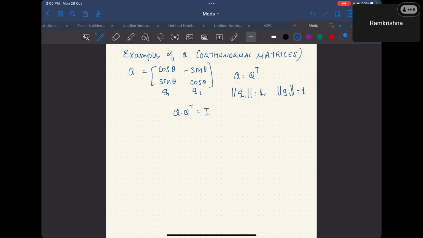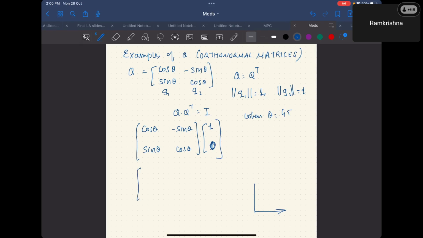What does this matrix do? If I have cos theta, negative sine theta, sine theta, cos theta, and let's say I have a vector 1, 0. Let's keep it simple. So when theta equals 45 degrees, what happens to this vector?